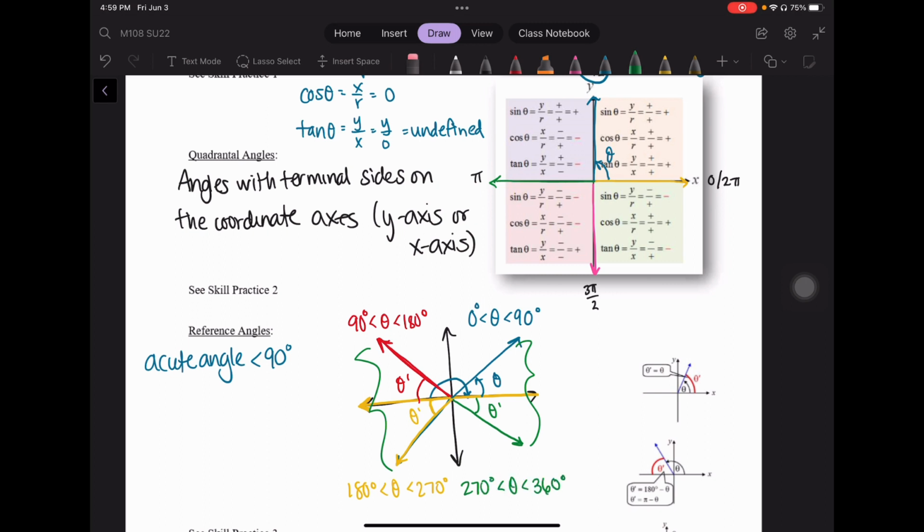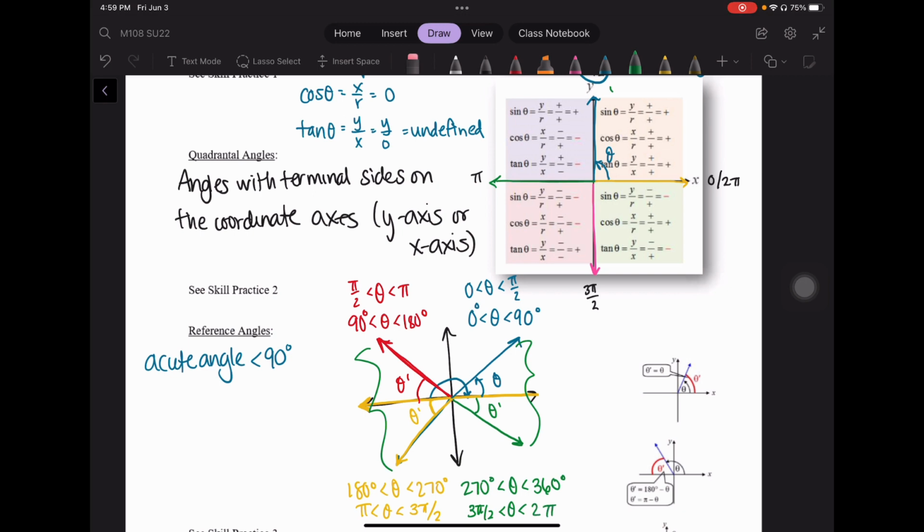Now, if I wanted to think about that in terms of pi, that's going to be from 0 to pi over 2, pi over 2 to pi, pi to 3 pi over 2, and 3 pi over 2 to 2 pi.